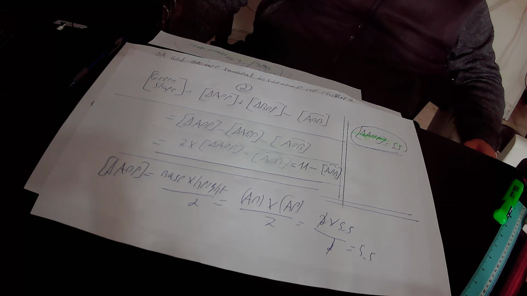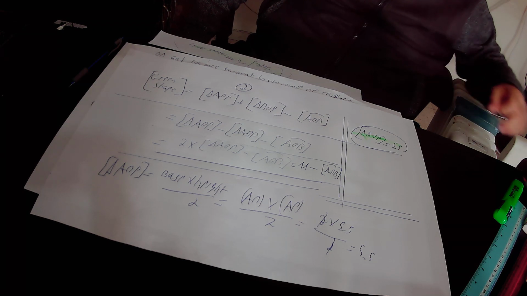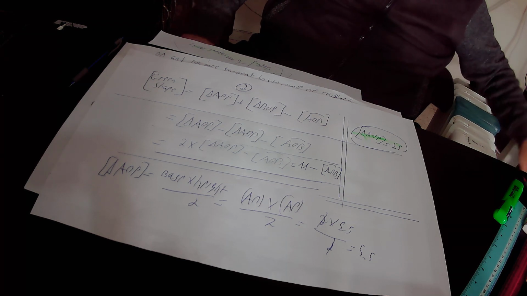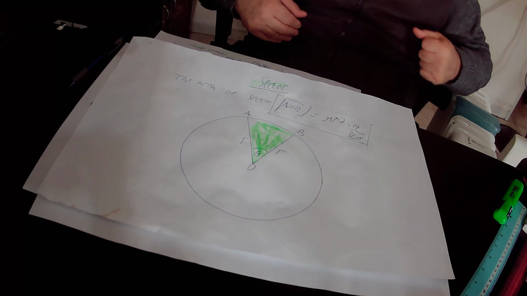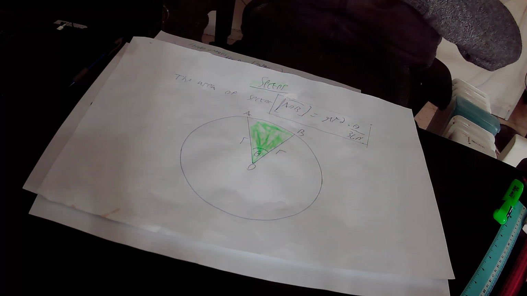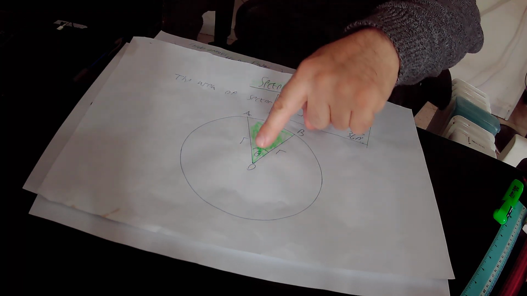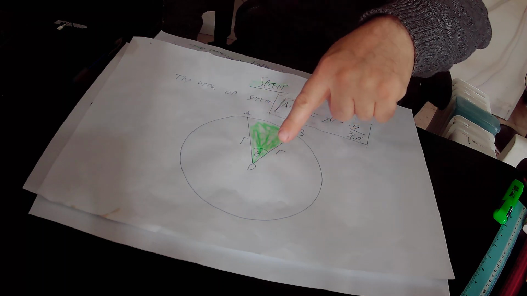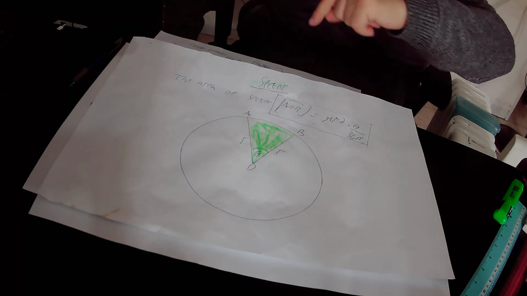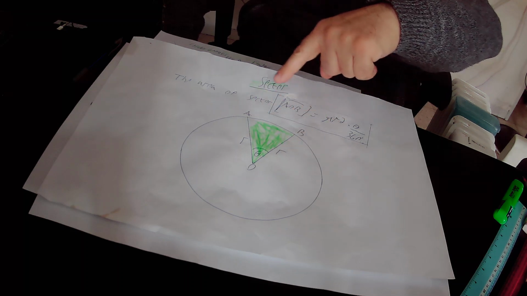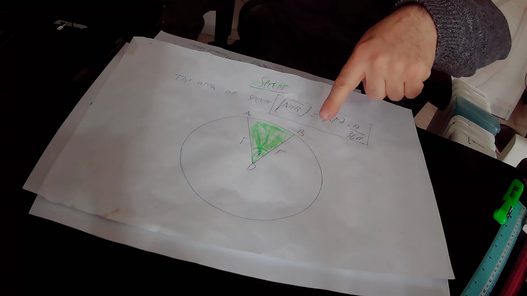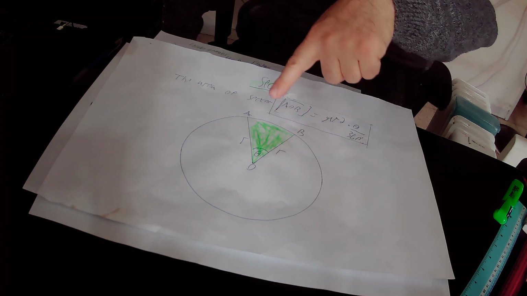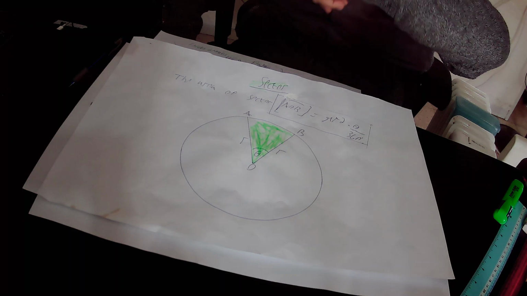So in the next step, I will explain to you the concept of a sector. What is a sector? A sector is a part of a circle. This is a circle, and this part of the circle, shape AOB, is a sector. Sector AOB consists of two legs. The first leg is BO and the second leg is AO.